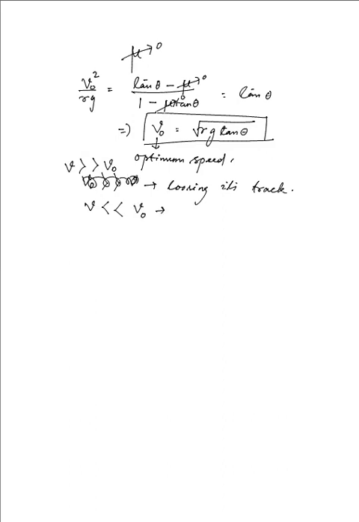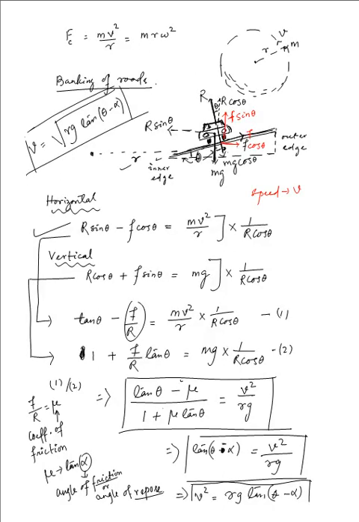If you look at the equation over here, with V much less than V0, the left hand side and the right hand side do not balance out.